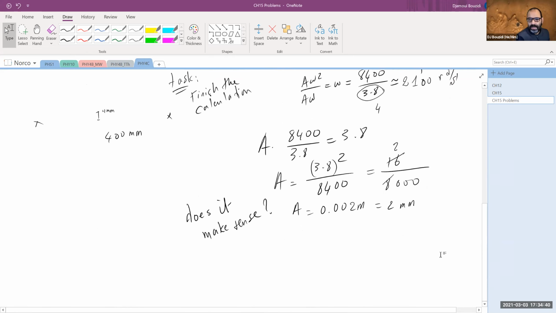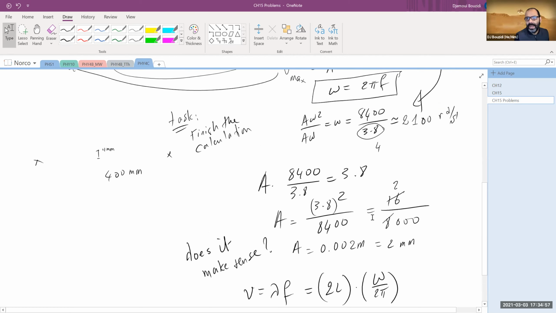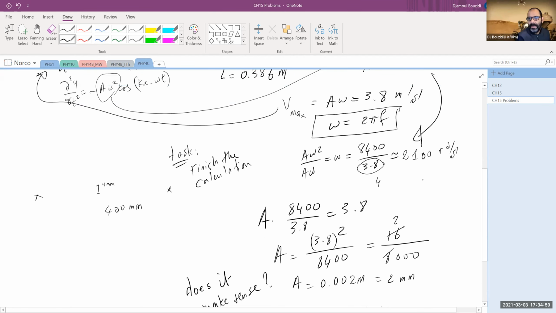So the velocity is V, which is lambda times F, and lambda is equal to 2 times L for this problem, times the frequency, and the frequency is omega divided by 2 pi, by the way, because we found omega somewhere here. So this was omega.